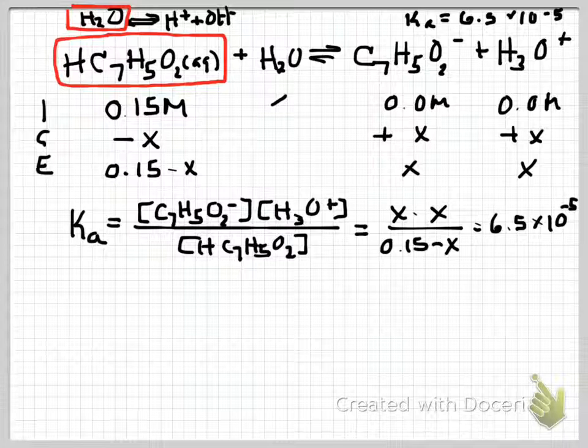We'll use our small x assumption, at least initially, to solve this. We'll always try to use this small x concept, and we will validate it before the end of the problem.